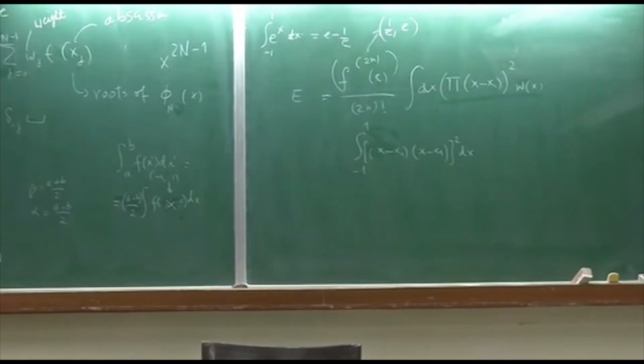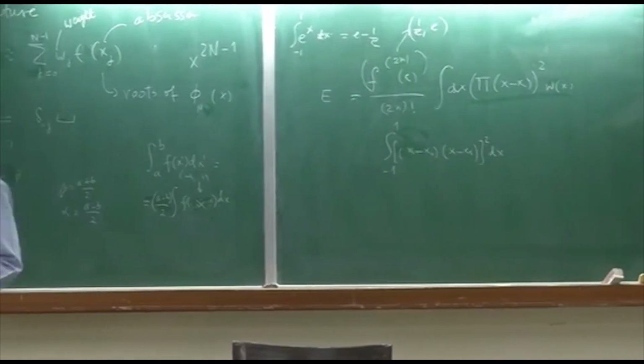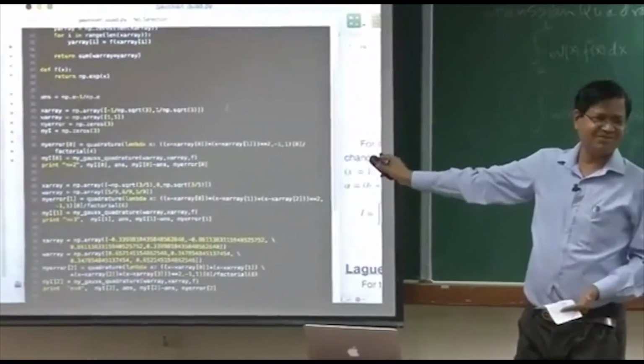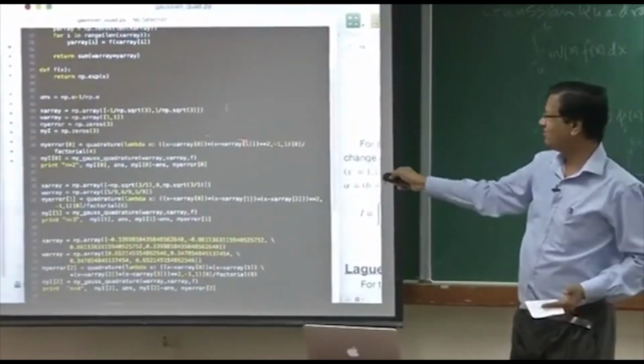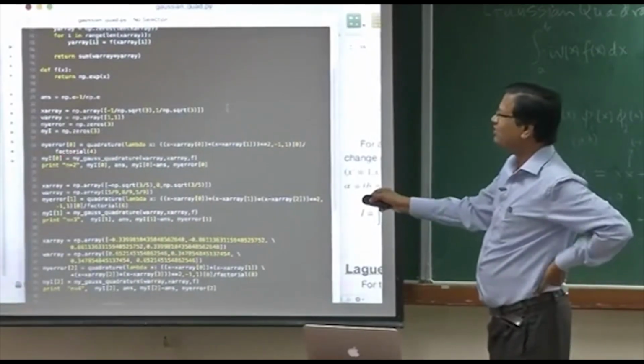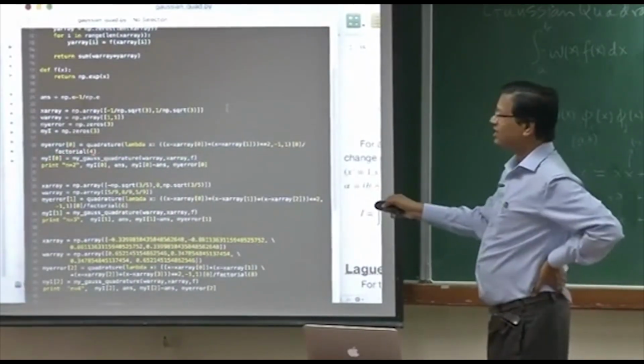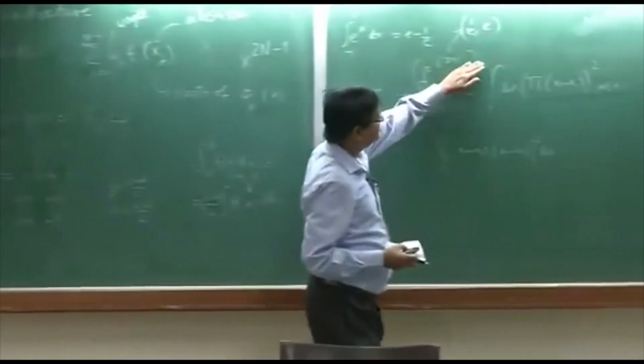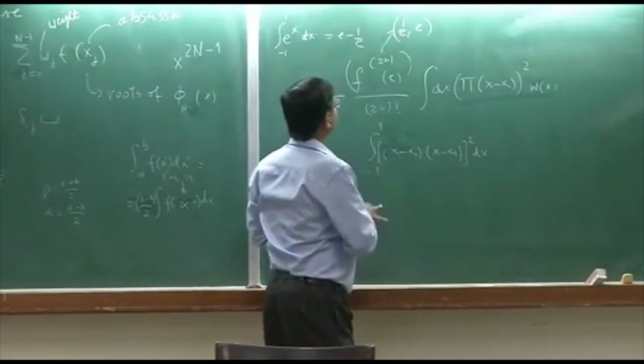So the lambda function is useful. You really don't need to define and carry the function; it is part of the line itself. I have to divide by factorial 2n. So n is 2, so factorial 4. So this is this object without this.